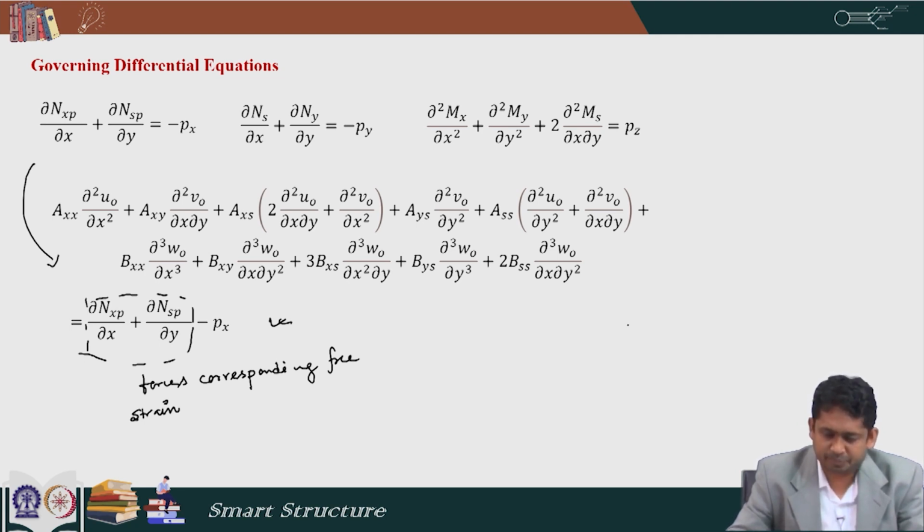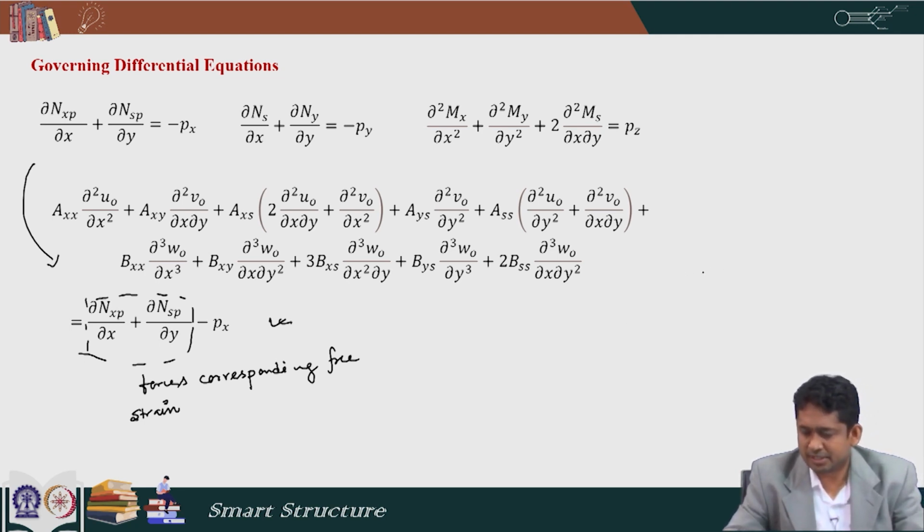Now, we have composite laminates with piezoelectric patches at the top or at the bottom, depending on how many patches we have. So, this patch tries to expand or contract.